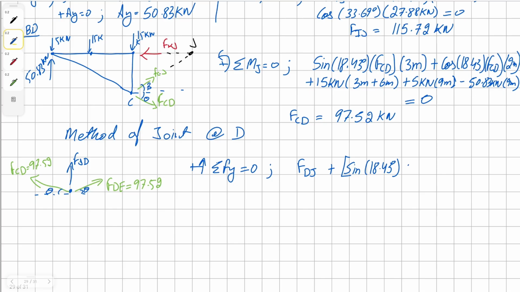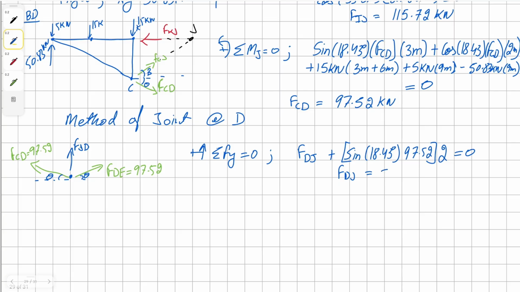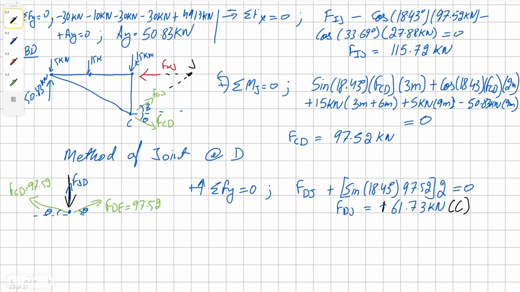Both are symmetrical, therefore we can simply times 2, one equation, all equals to 0. Solving for force DJ, we get a solution as negative 61.73 kilonewton. Because we get our solution in negative, this means we assumed our vector direction to be in the wrong direction. Switching the vector, we get our solution in positive, and also this vector tells us that this member is in compression.